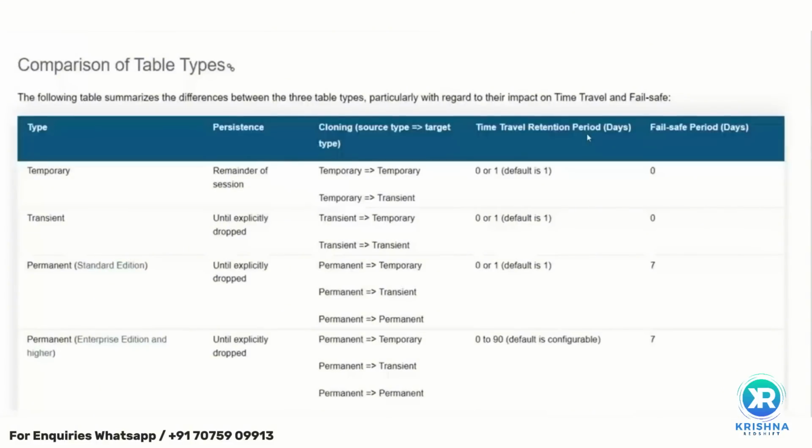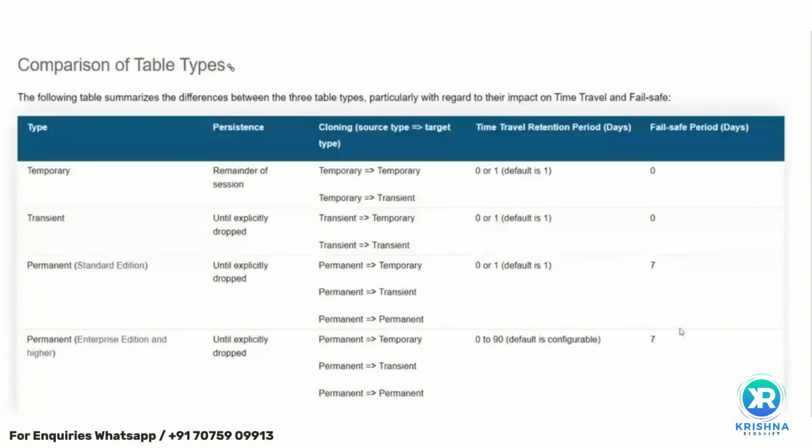For temporary tables, failsafe is 0. For transient tables also, failsafe is 0. Only for permanent tables, failsafe is 1 week. In any edition, whether standard, enterprise or business critical, failsafe is 1 week.